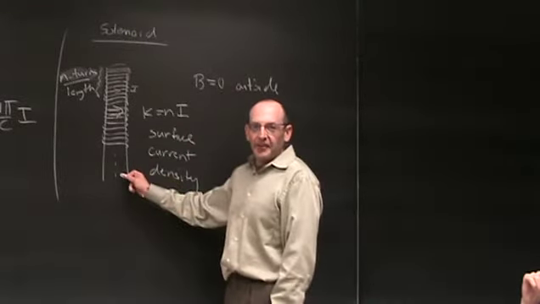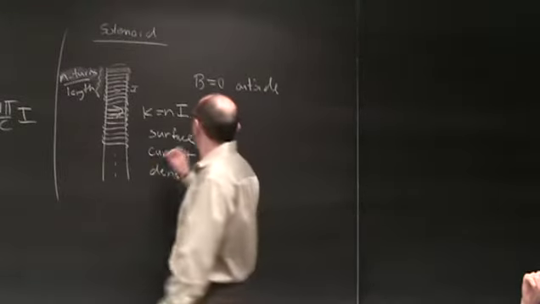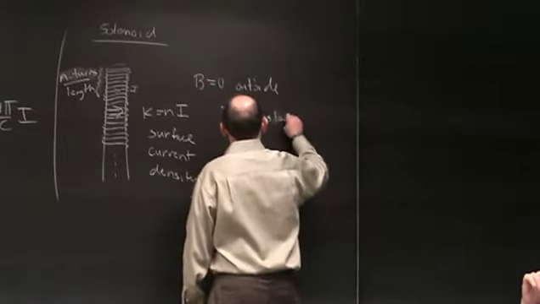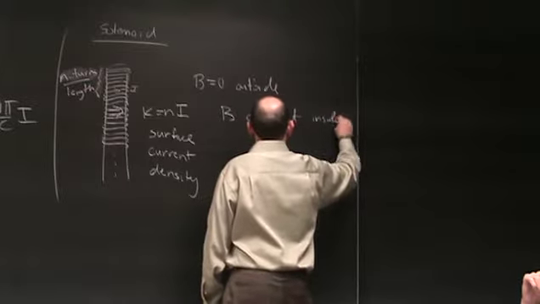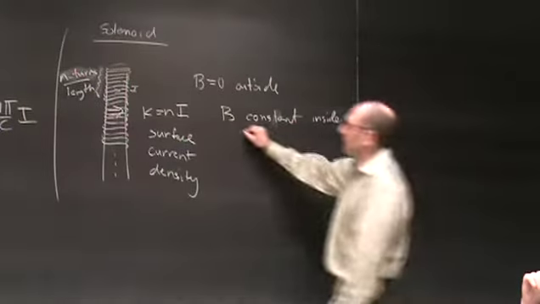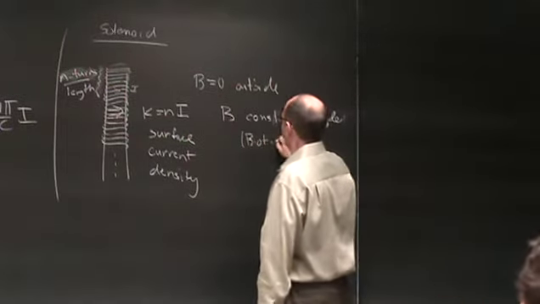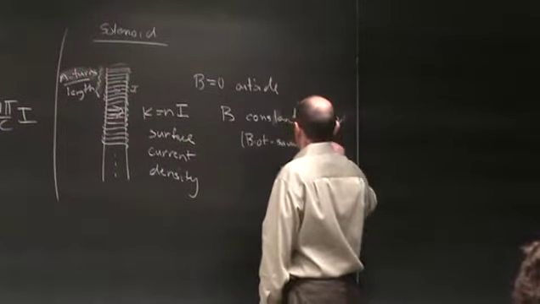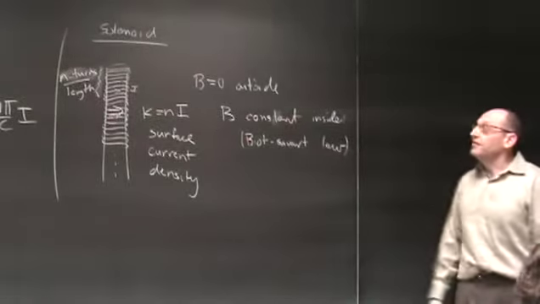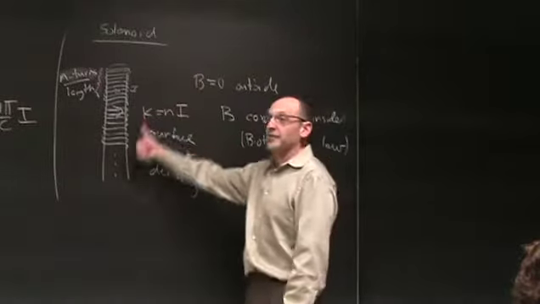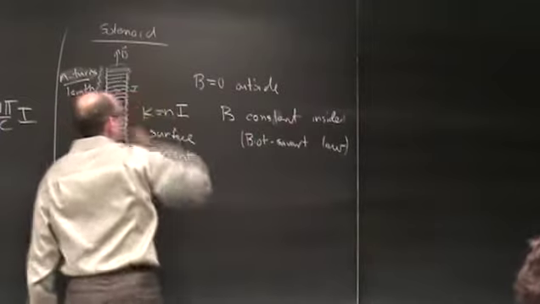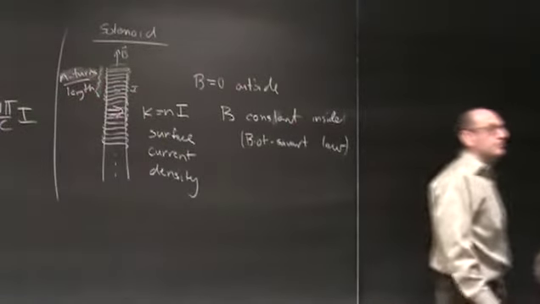Inside, it's not as trivial, but you can prove with the Biot-Savart law that B is constant inside. That follows from a little bit of work, not so trivial. The direction of the magnetic field, though, we do know from the right-hand rule, has to be along the z direction. It's the only direction it can be in.